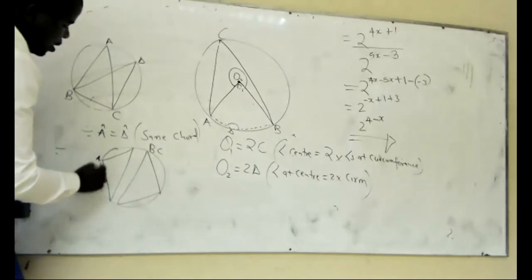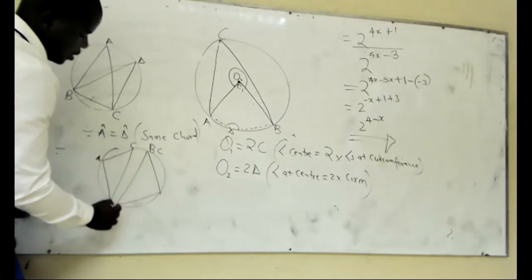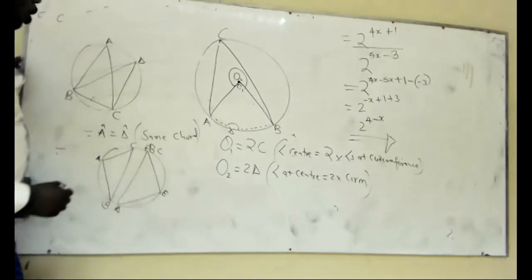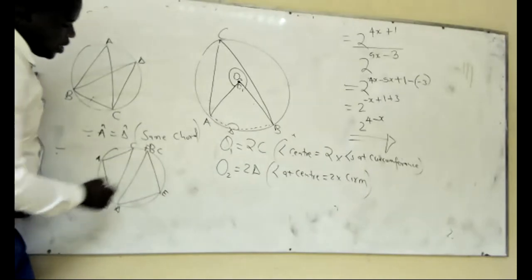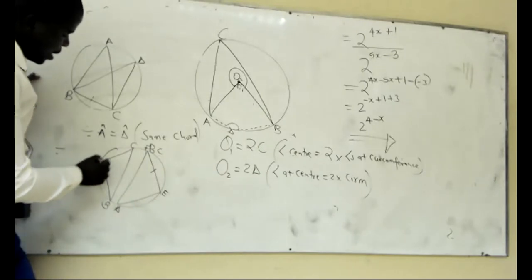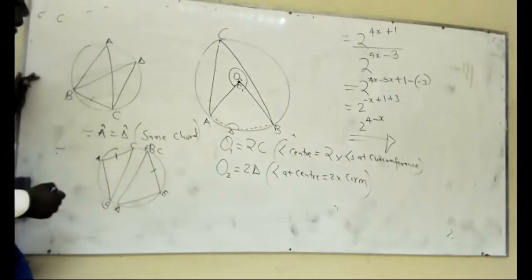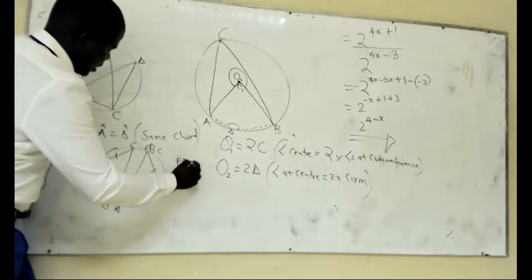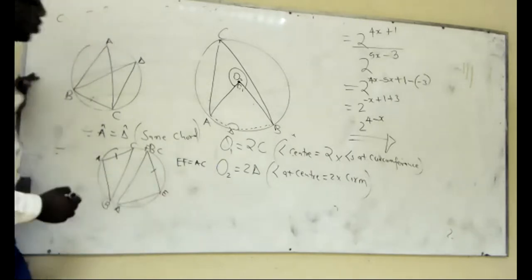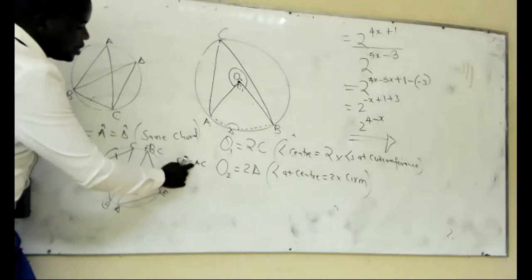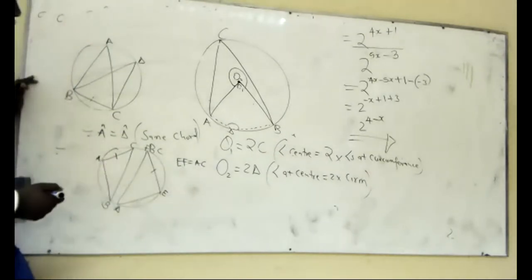So let's say we have A, B, C, and then here we have D, E, F. Okay, now tell me, if EF is the same as AC, can you tell me which angles are going to be equal?